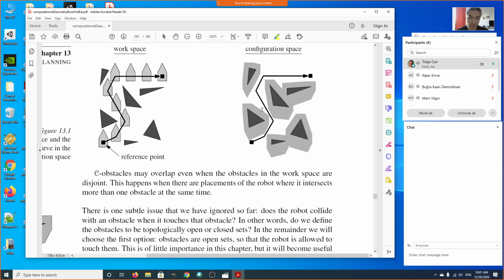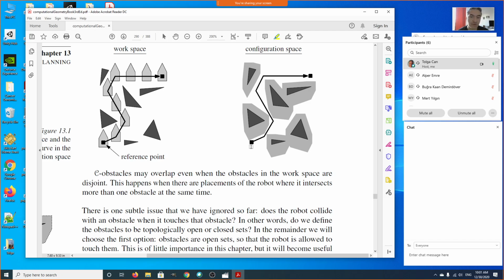This is our plan of configuration points, and this configuration space has some white regions, which are configurations that we're allowed to make, and the obstacles that appear in this configuration space are the forbidden configurations.